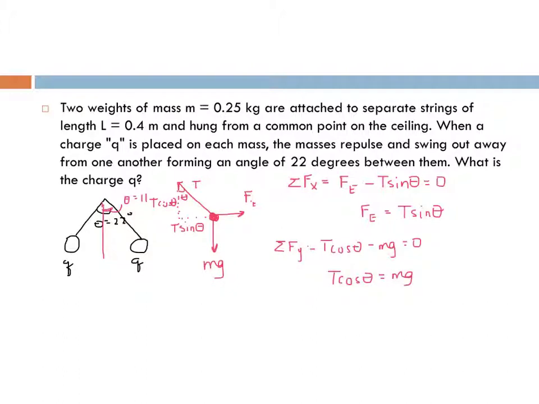So if we're trying to solve for Q, Q is going to be found here. We know that our electric force will be equal to K Q1 times Q2 over R squared. So we want to solve for the magnitude of the electric force, so we can eventually solve for the charge. To do that, we need to know what T is. Well, I can solve for T over here by dividing by cosine of theta.